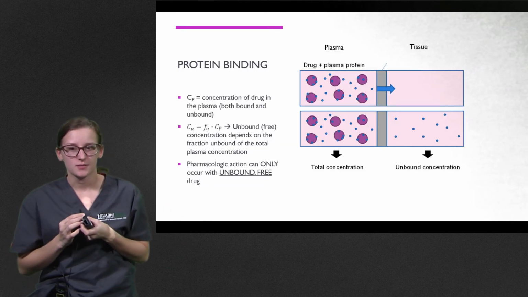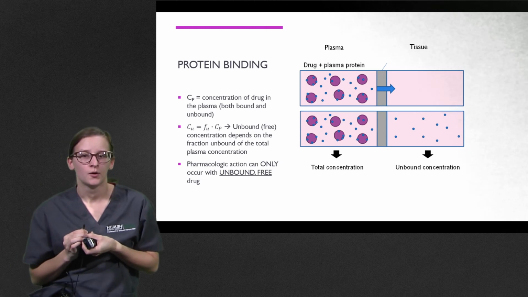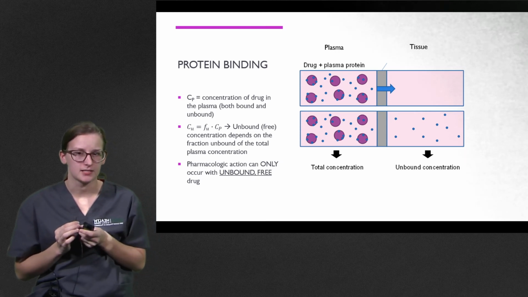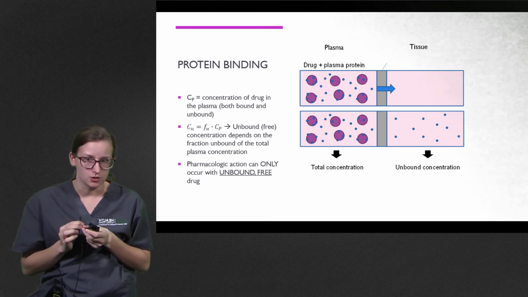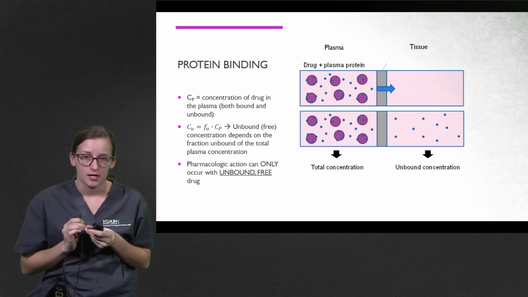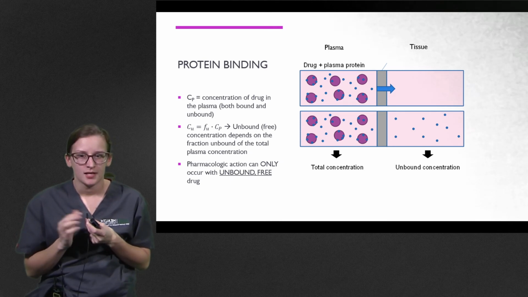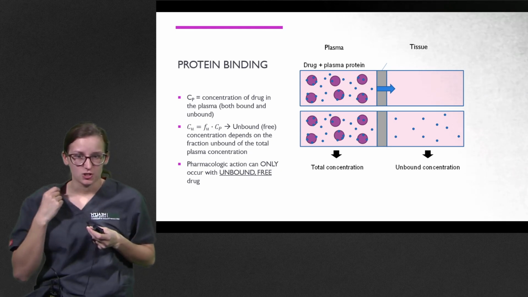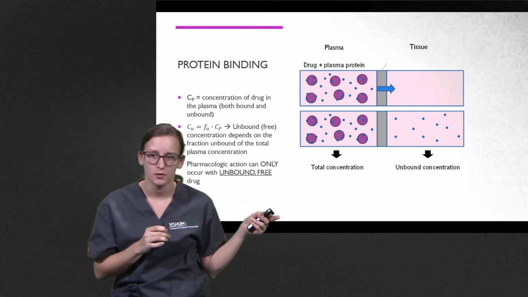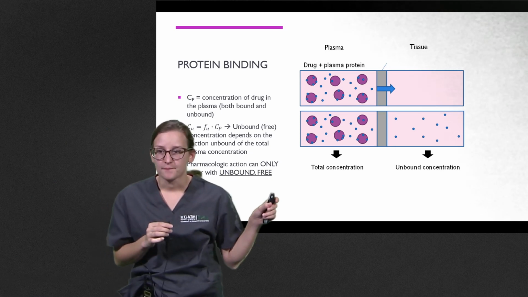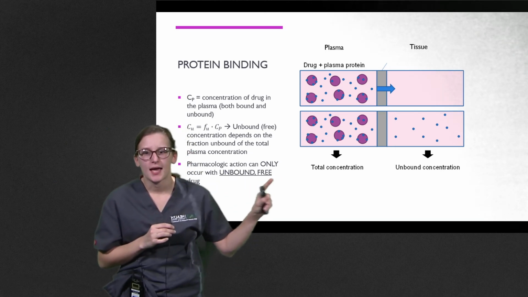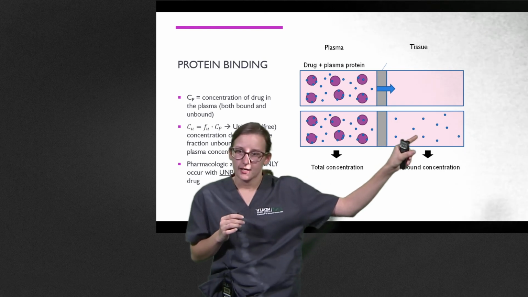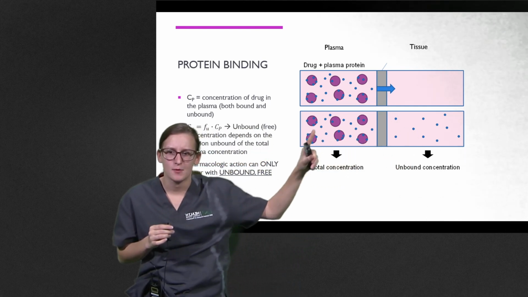All right, so protein binding. The more a drug protein binds, the less it's able to get into tissue. We want free drug to be able to cross into and absorb into tissue. Here's a little diagram to show the difference between the plasma and the tissue. Notice that unbound drug got in here, but in here it looks like the same amount of drug is unbound.